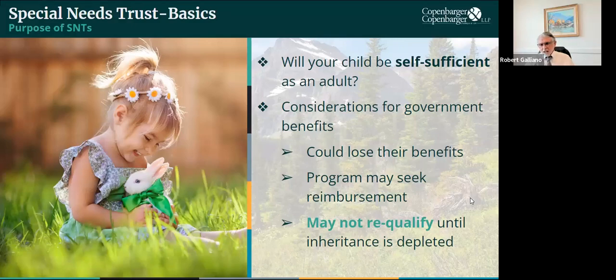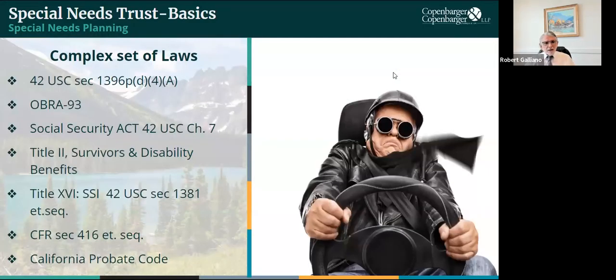We have to take into consideration the governmental benefits that they are receiving or could receive, what benefits they may lose if we do not plan correctly, what programs may seek reimbursement of the benefits, and a lot of times, what benefits could be lost.